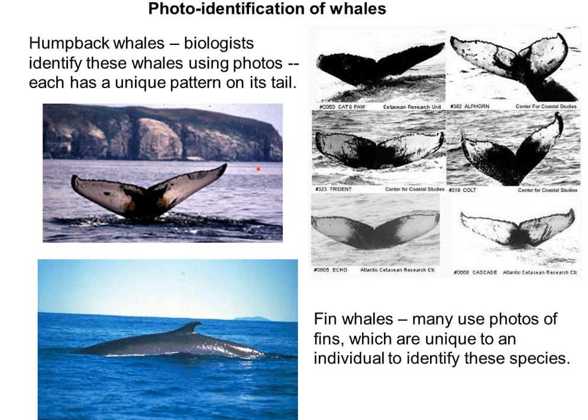For example, you photo identify whales based on pictures of their tails. They can tell from the different patterns when they have the same individual. Fin whales are similar. You can use photos of fins as unique identifiers for those species with fins.